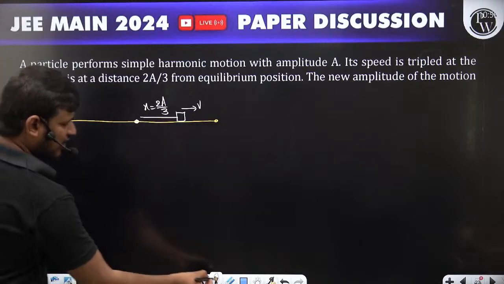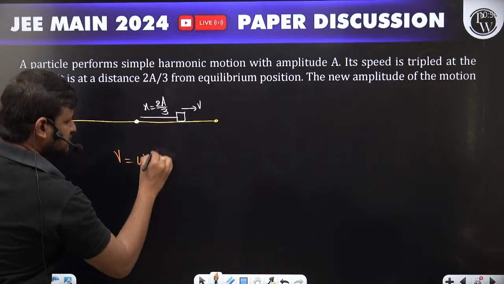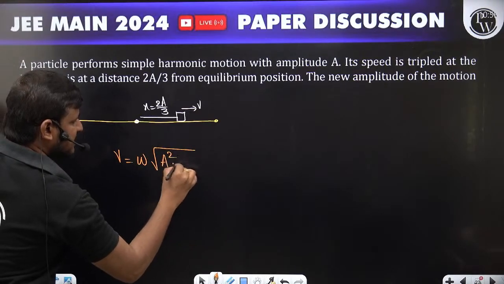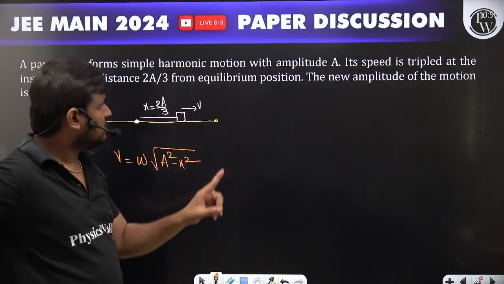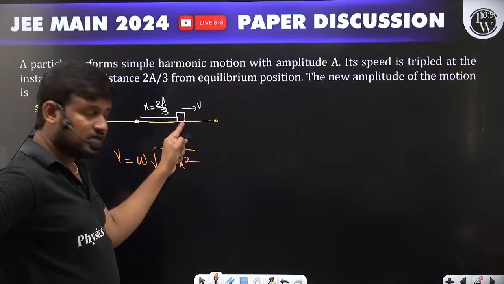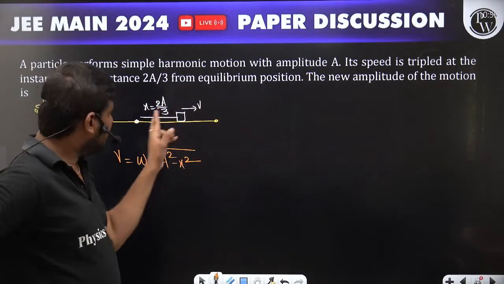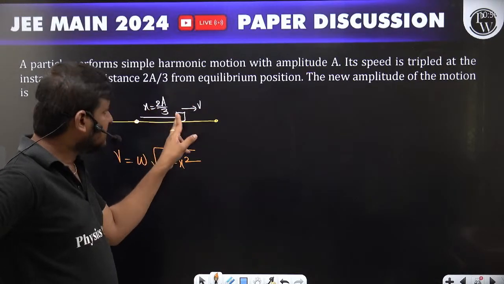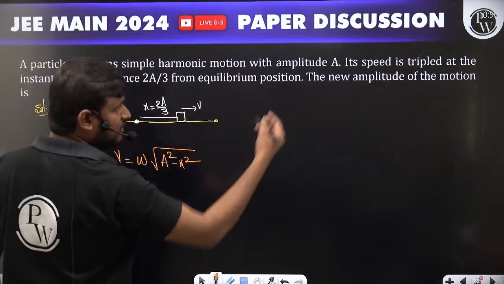You know the velocity formula, right? The velocity v is equal to omega into square root of A square minus x square. Here consider two different scenarios. In the first scenario, when it is at a distance x, the velocity is v. In the second scenario, at the same distance x, the velocity has become 3v, tripled.